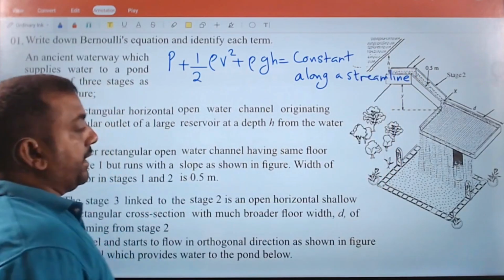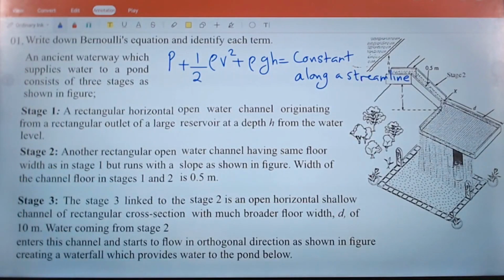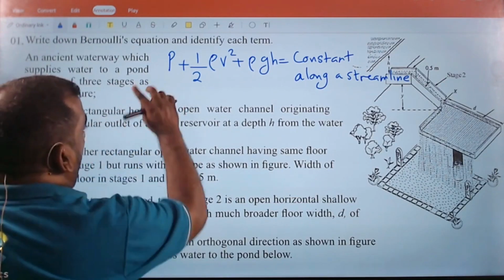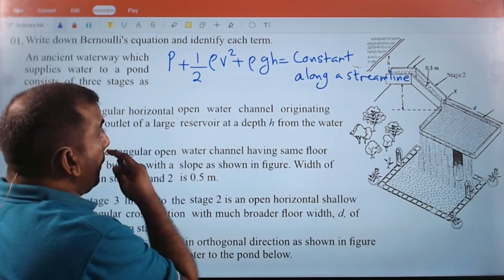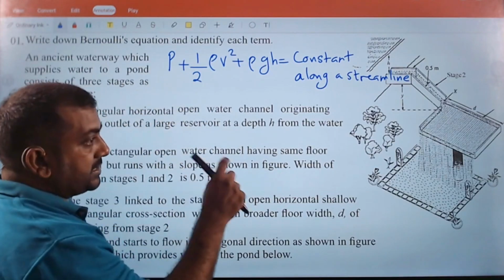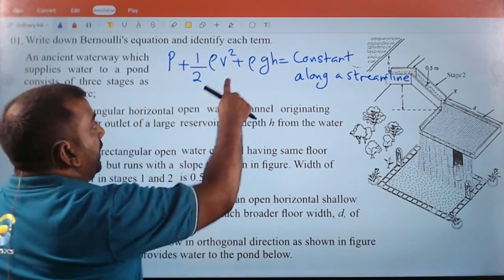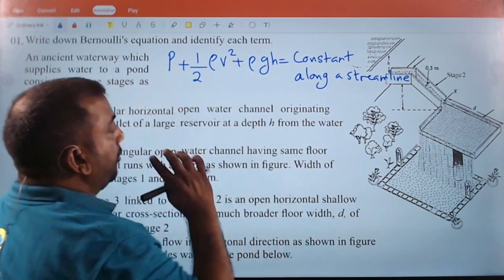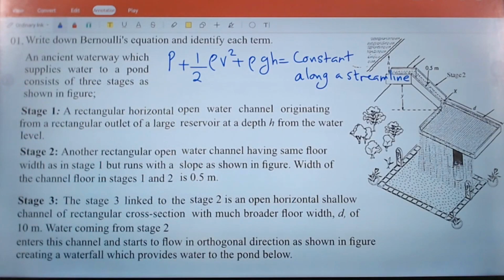Right. So you can define this. P is pressure, or work done by pressure per volume. Half rho V squared is kinetic energy per volume. Rho GH is potential energy per volume.